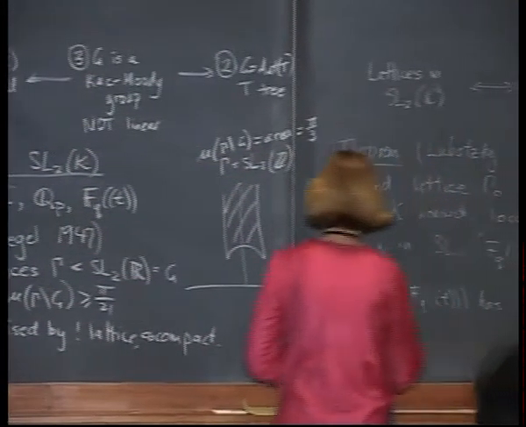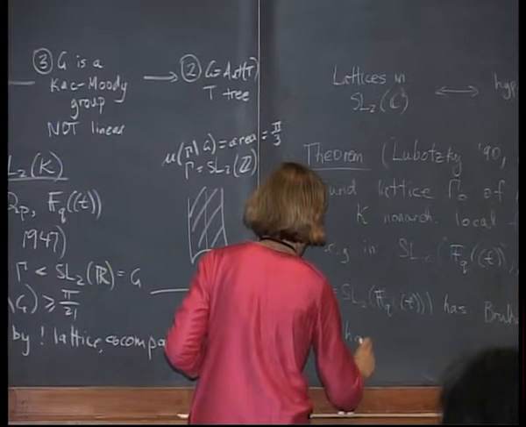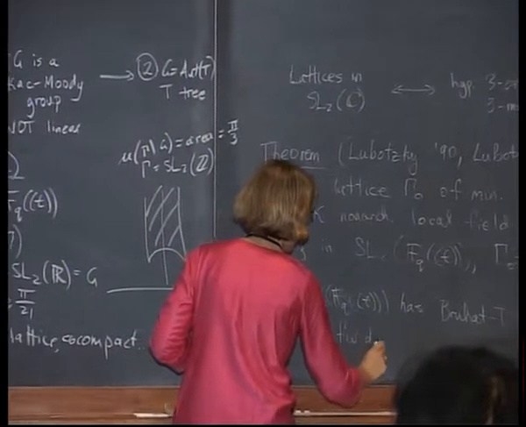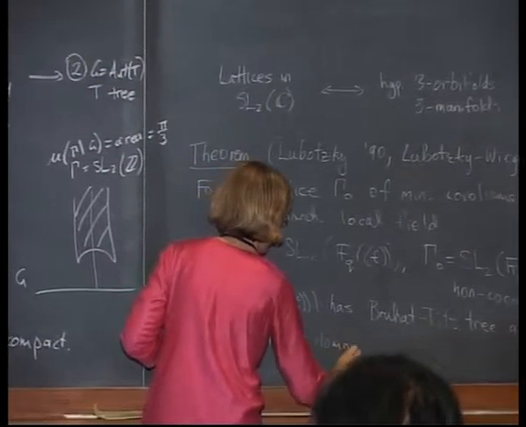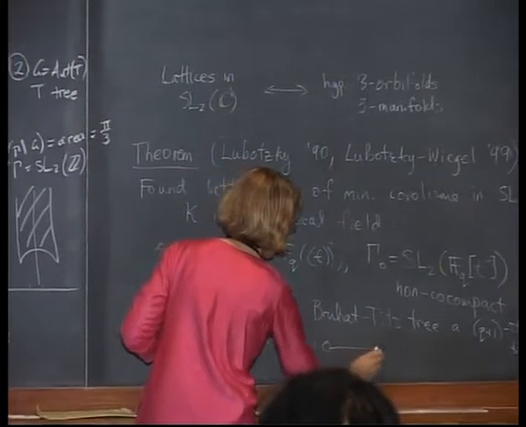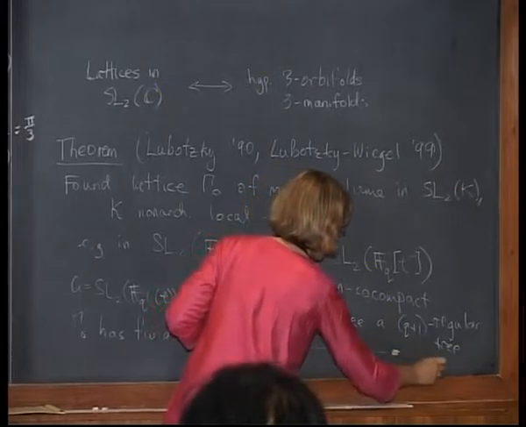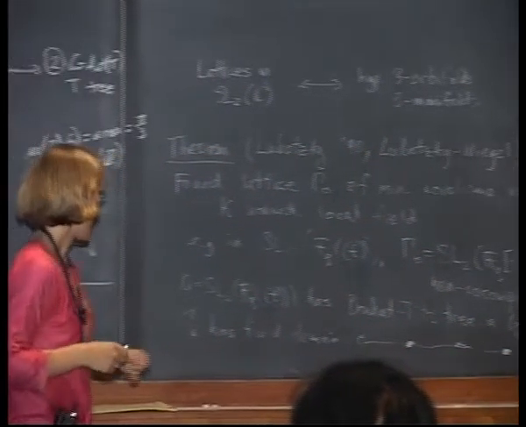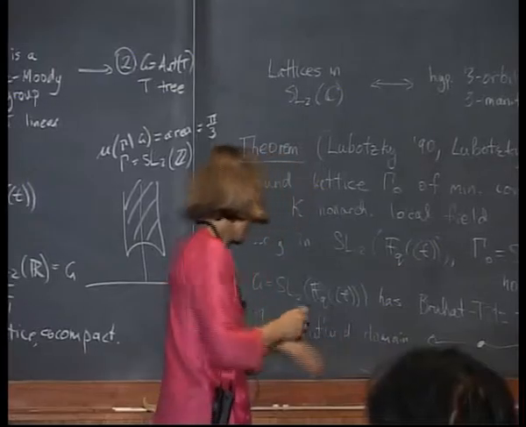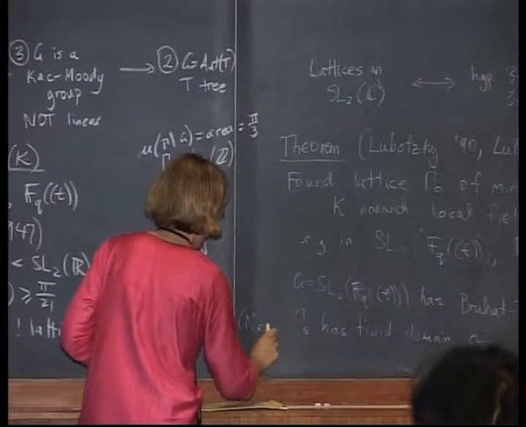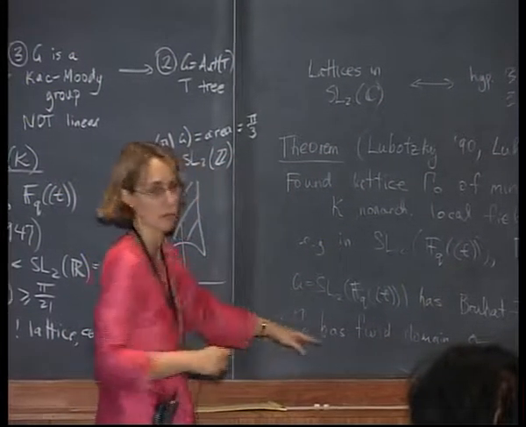This lattice, gamma 0, inside the tree has fundamental domain just a ray. And this fact, and the fact that this is a lattice, is called Nagao's theorem.